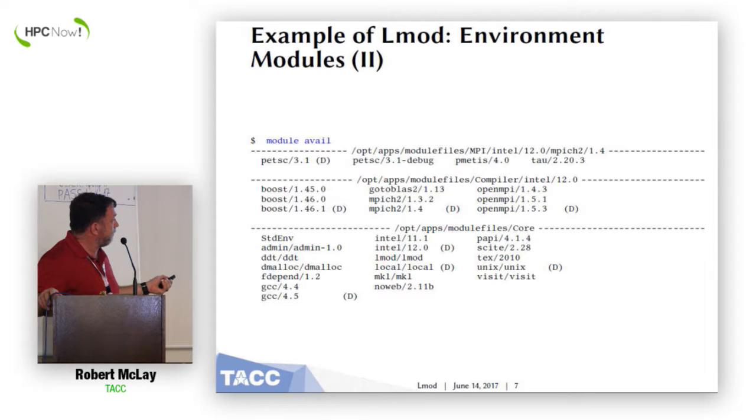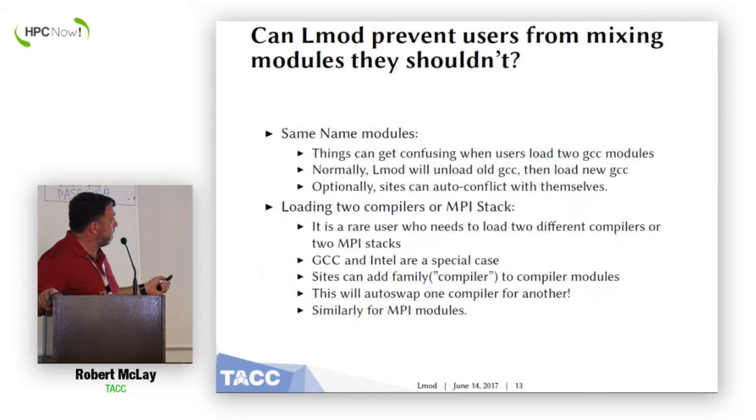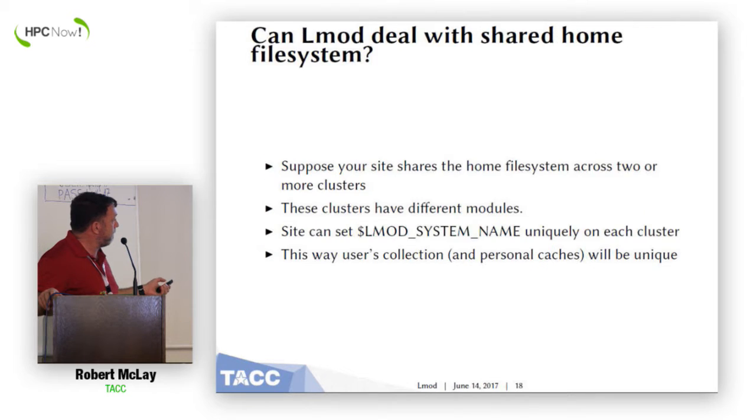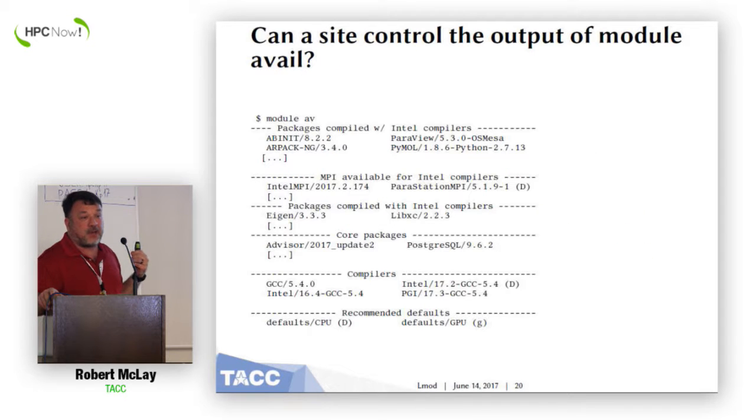But we all get new users all the time, and so you have to retrain them. In fact, we're kind of disappointed that the ones we train leave and go somewhere else, and we have to train new ones. You can control what goes in the header, and you can group them together if you like. You can do all kinds of things. And this is a hook that you can use.